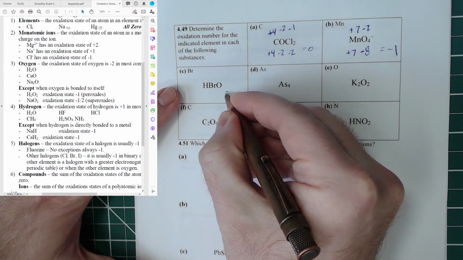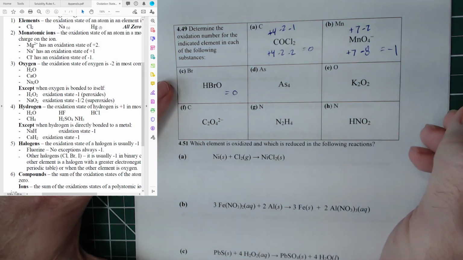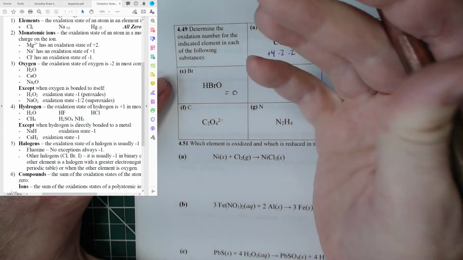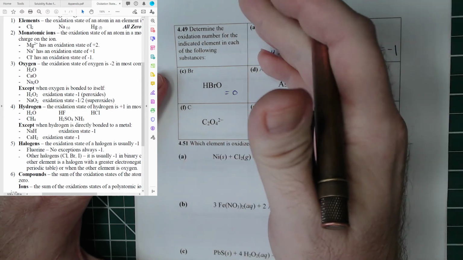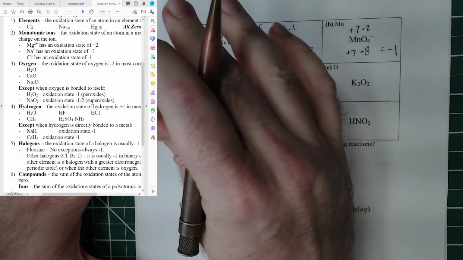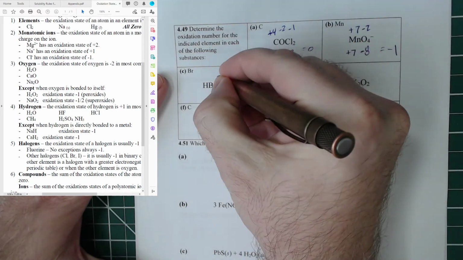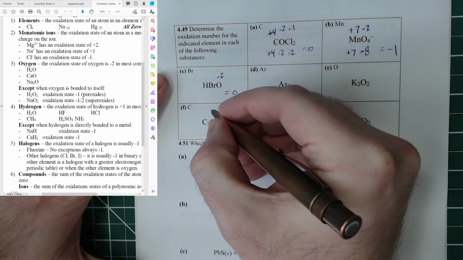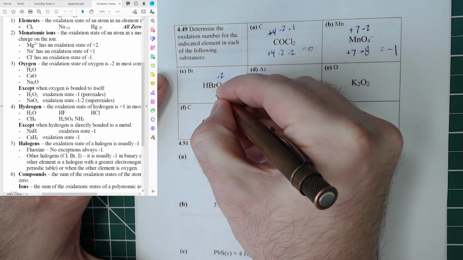hypobromous acid. It's a neutral compound, so the sum of all the oxidation states comes out to 0. The first rule, is it an element? No. Is a monatomic ion present? No. Rule 3, is oxygen present? Yes. Oxygen's -2. -2 times 1 is -2.